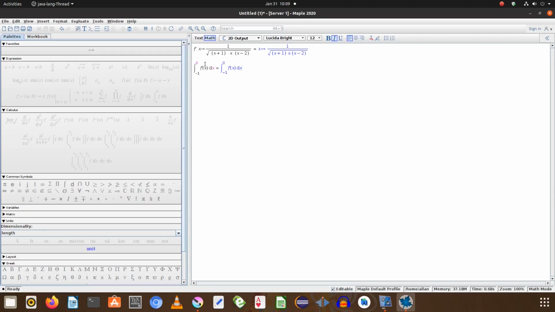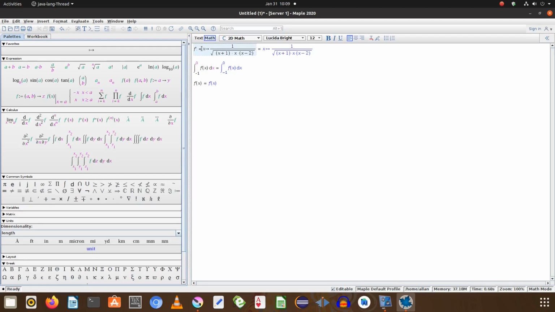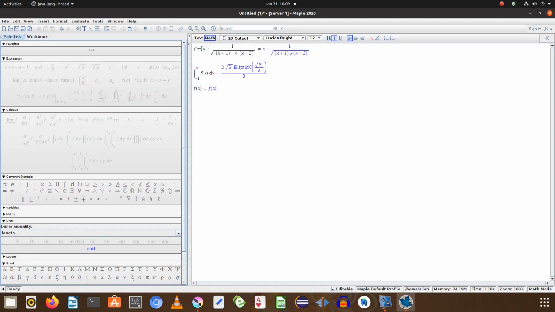That's strange. It should know what f of x is. It doesn't. Oh. There we go. Indeed, it knows about elliptic K, all right, and then from 2 to infinity.